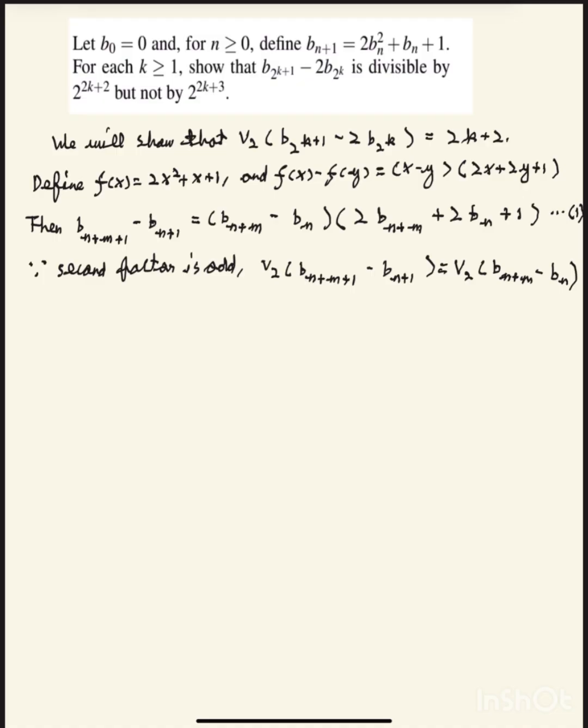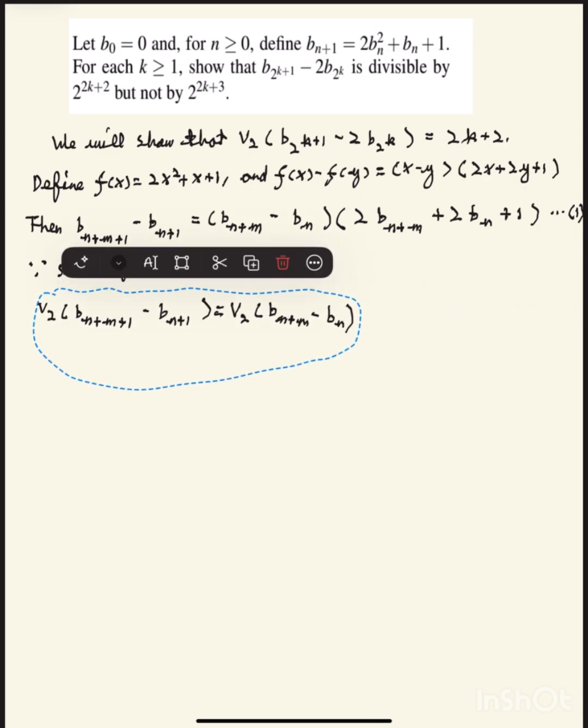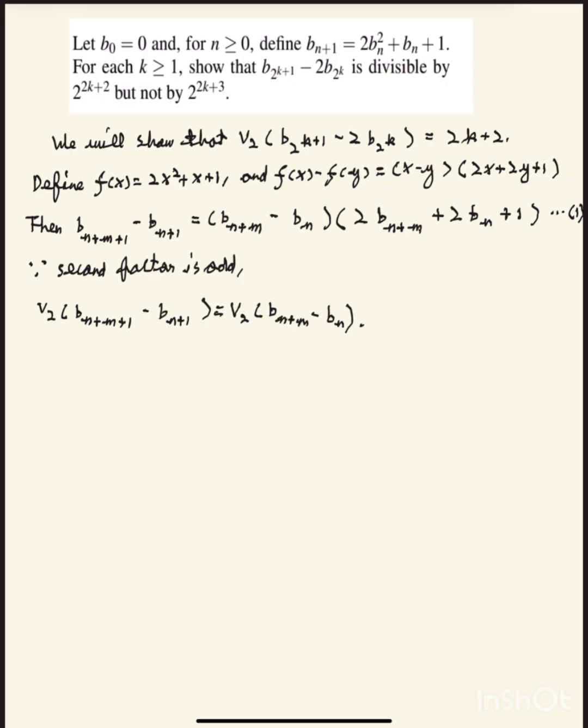Okay, just so this looks a little less compressed, I will also write it down here. Then by induction we must have v2 of b_{n+m} minus b_n is equal to v2 of b_m. We will call this 2.